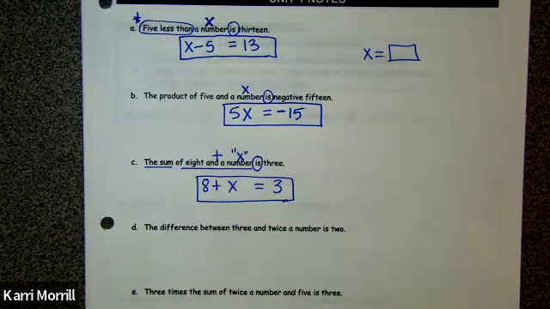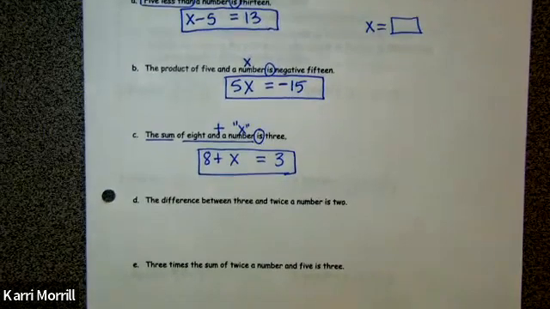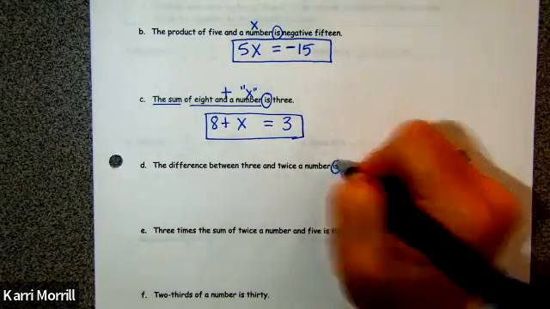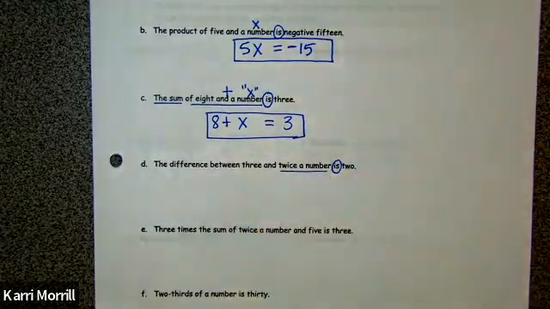Sometimes you're going to have some parentheses in there. D isn't one of those yet, but we are building up to do a little more. In D, the difference between 3 and twice a number is 2. Sounds a little bit busier because we see twice a number.